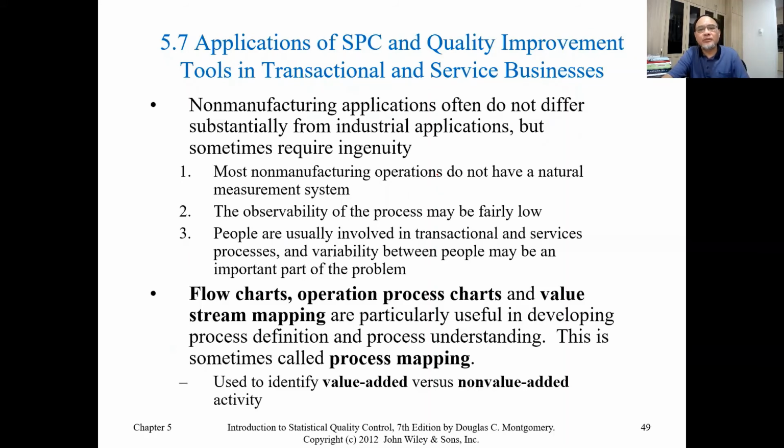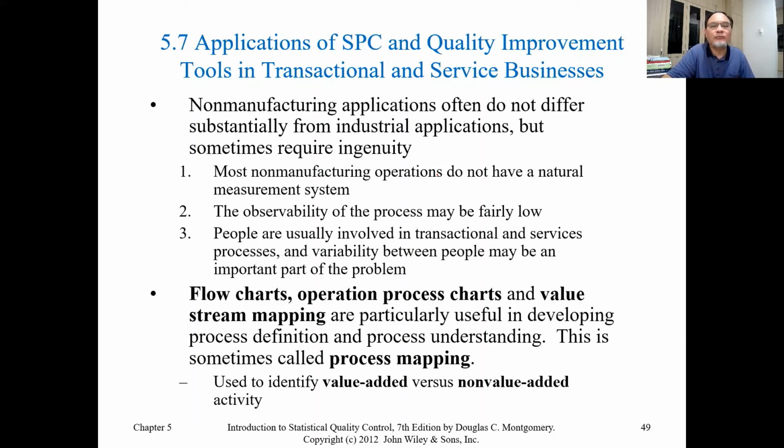So SPC can be used not only in manufacturing but also in service businesses as well as transactional processes or activities. So it's up to your imagination to think of what to improve. You can use flow charts, operation process charts and value stream mapping.